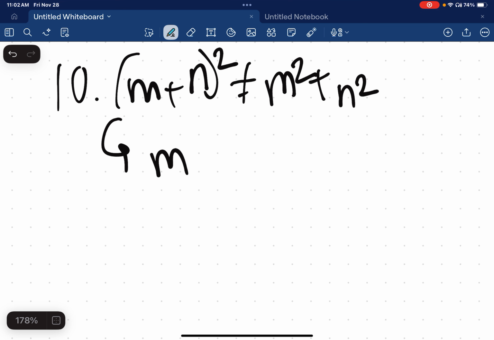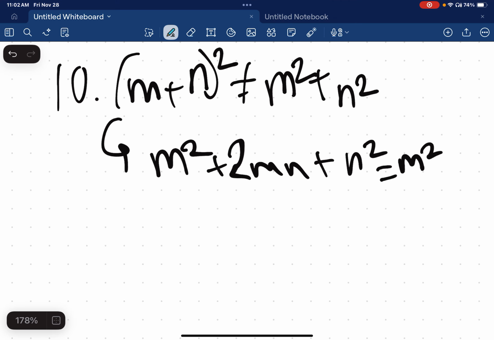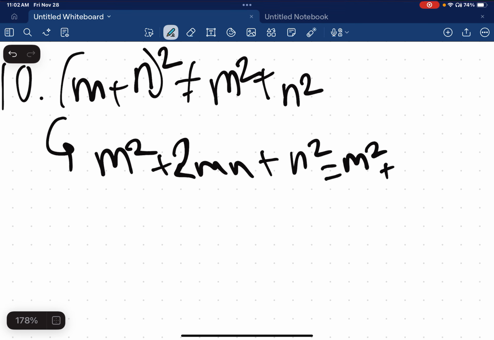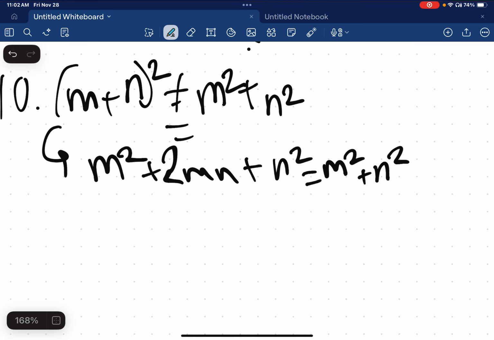Expanding this, we get m squared plus 2mn plus n squared is equal to m squared plus n squared. If we assume this to be true, cancel out each from both sides, we get 2mn is equal to 0.